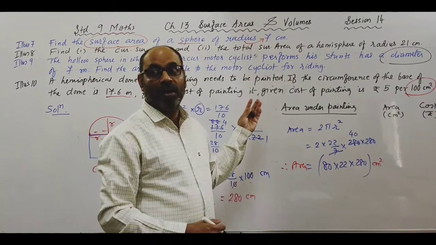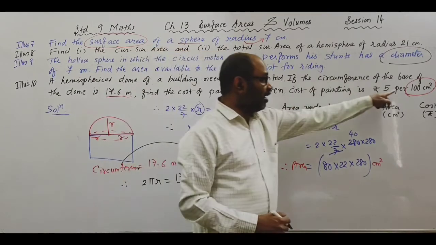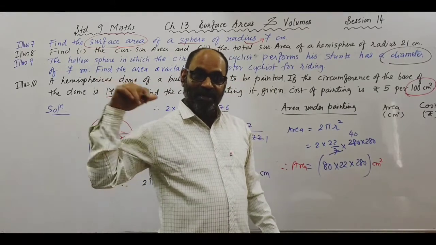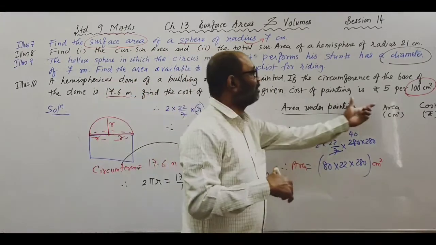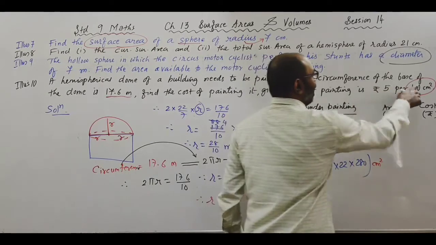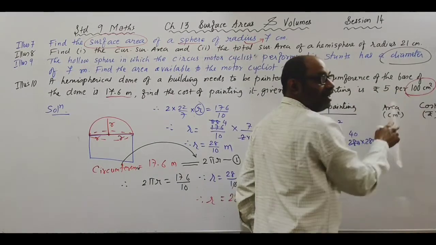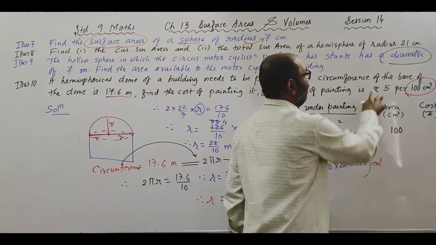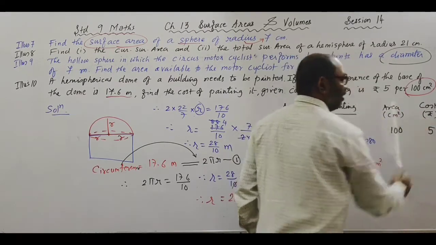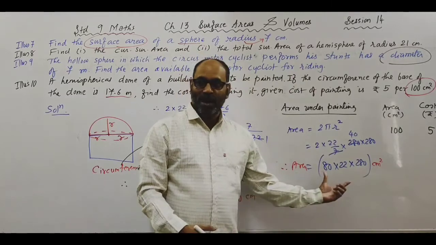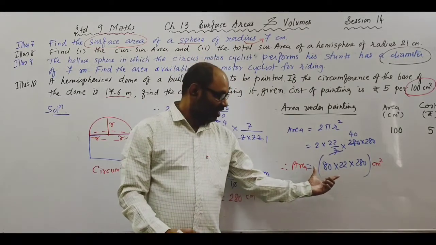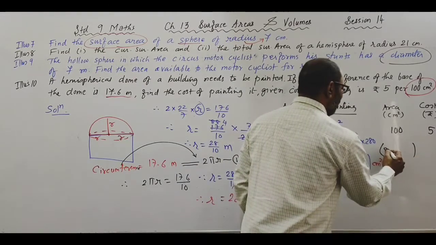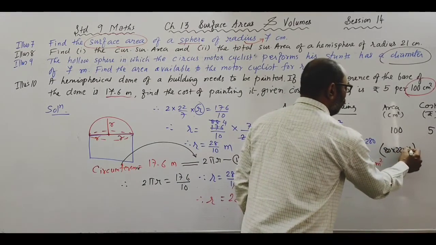Actually, we could have got meter square, but because the rate is given in centimeter square, we transformed meter into centimeter. So now it's a good match. What is that rate? Rupees 5 for 100 centimeter square. For 100 centimeter square of painting, the cost is rupees 5. And how many centimeter square of painting has to be done? In the bracket, 80 into 22 into 280.